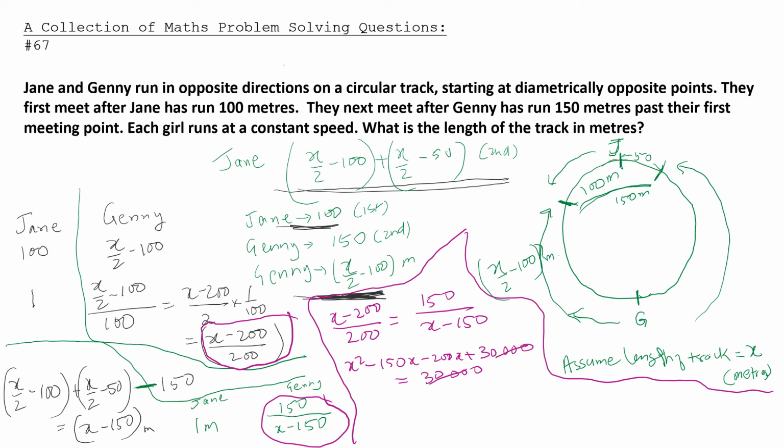So these two get cancelled. I get x square minus 350x equals 0. x cannot be 0, so x minus 350 equals 0, or x equals 350 meters. So that is the answer. The length of the track equals 350 meters.